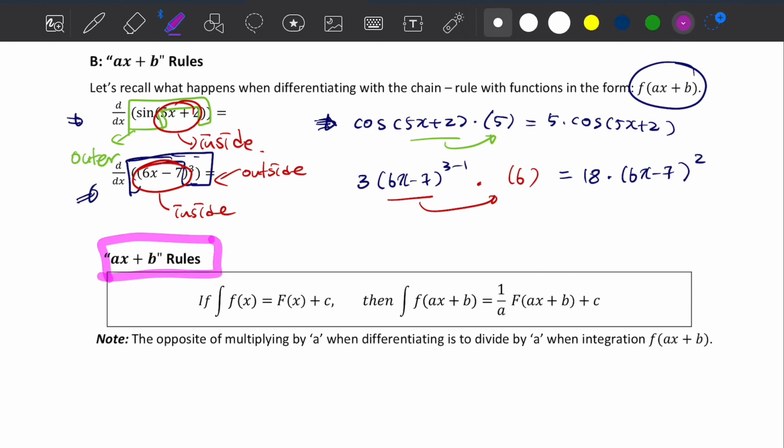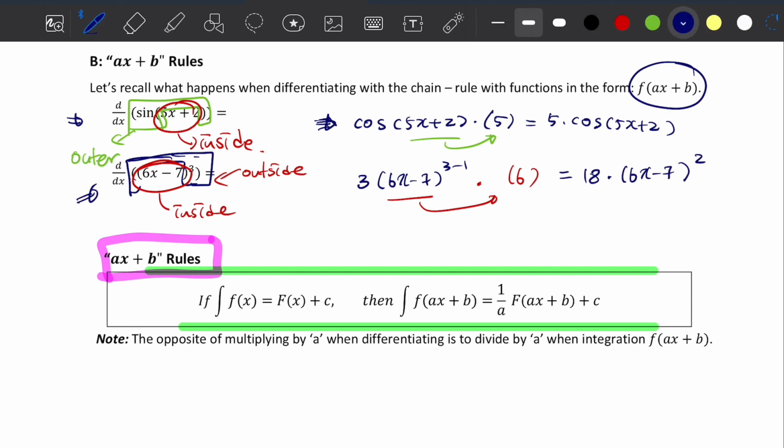In your formula, it is listed in this way, okay? So what we need to do is take the inside function and take the constant, or the coefficient that goes with the x variable, and then put that into the fraction form at the end. That's what we need to do ultimately.